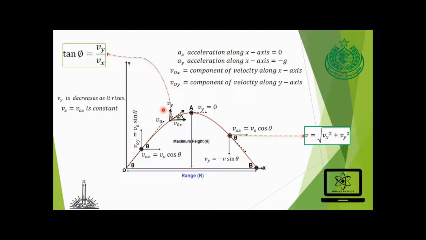At the same point, if we want to find the direction of the velocity vector at any instant, we will use this formula: tan phi equals vy upon vx, as we did in the previous chapters.